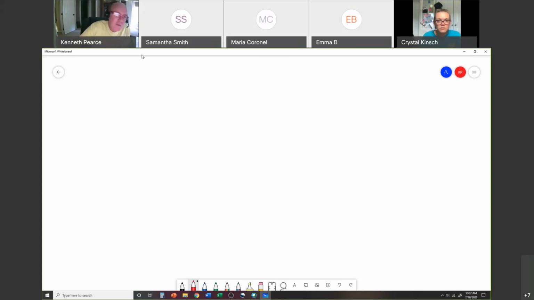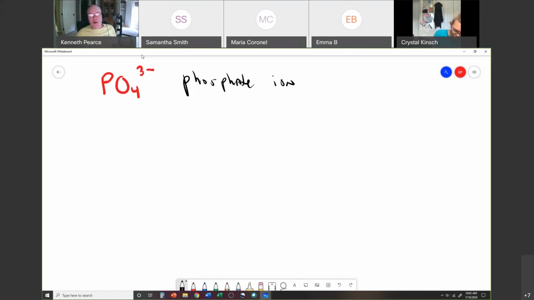And so we had this sort of situation going on here. Let's say we had PO4 3 minus, otherwise known as the phosphate ion. I believe this might actually be on lab number 10. If you go through and do the Lewis dot structure for this, you would get the following.